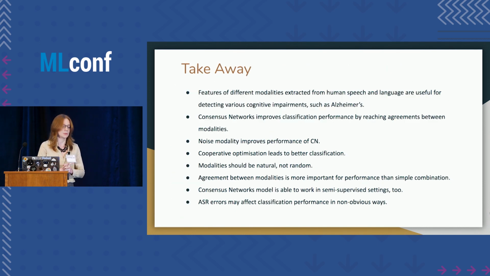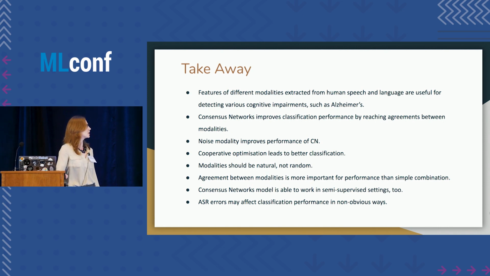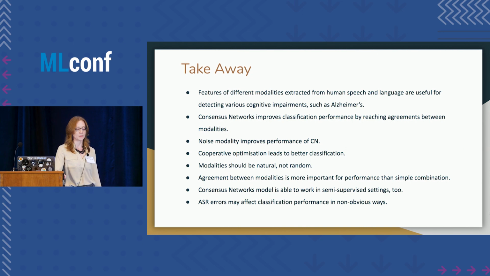So the main takeaways that I want you to remember after my talk are the following. Features of different modalities extracted from human speech and language are useful for detecting various cognitive impairments such as Alzheimer's disease. Consensus network improves classification performance by reaching an agreement between modalities.